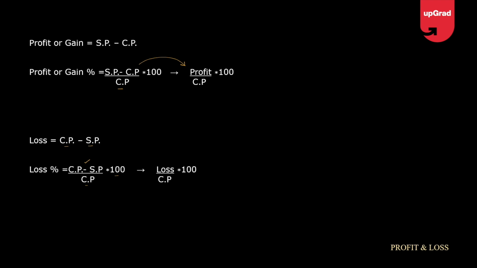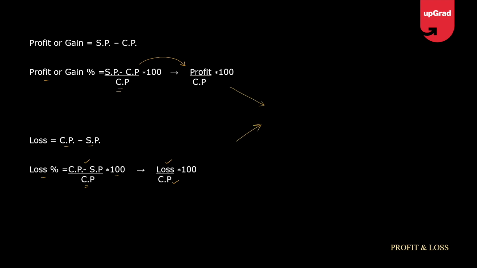Now the point to be noted here is whether it's a case of profit percentage or a case of loss percentage, my denominator value will always be CP. That means with reference to cost price, I will be calculating my profit or loss percentage. That will always be the case. And if it is a loss percentage, I can also write it as loss divided by cost price. So what I usually tell my students is you can club both these values.